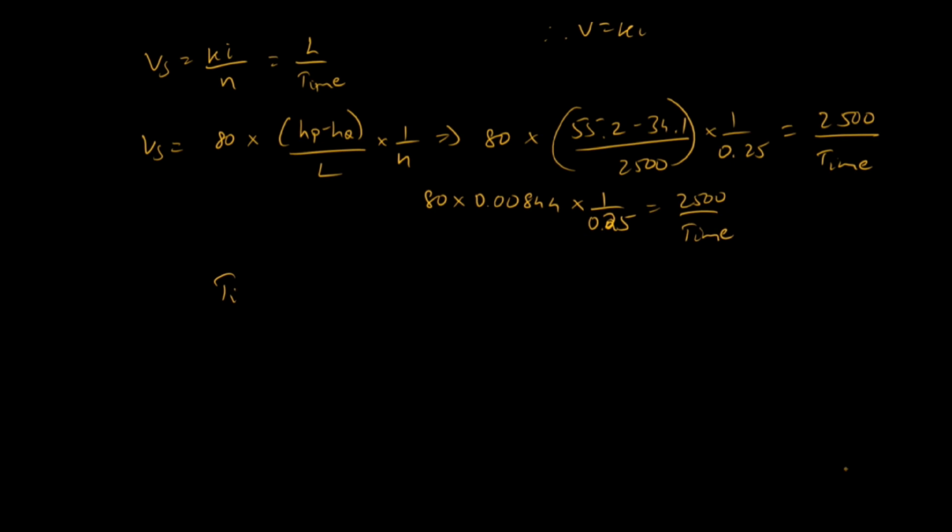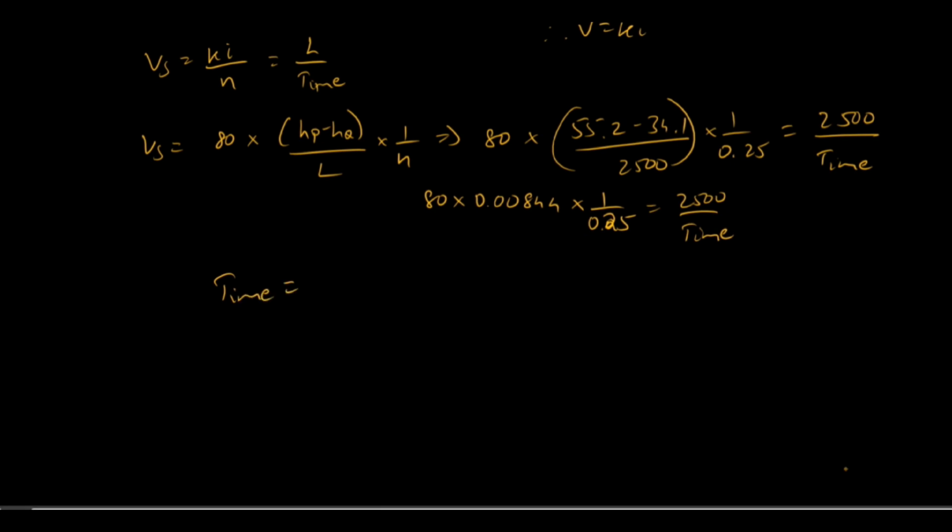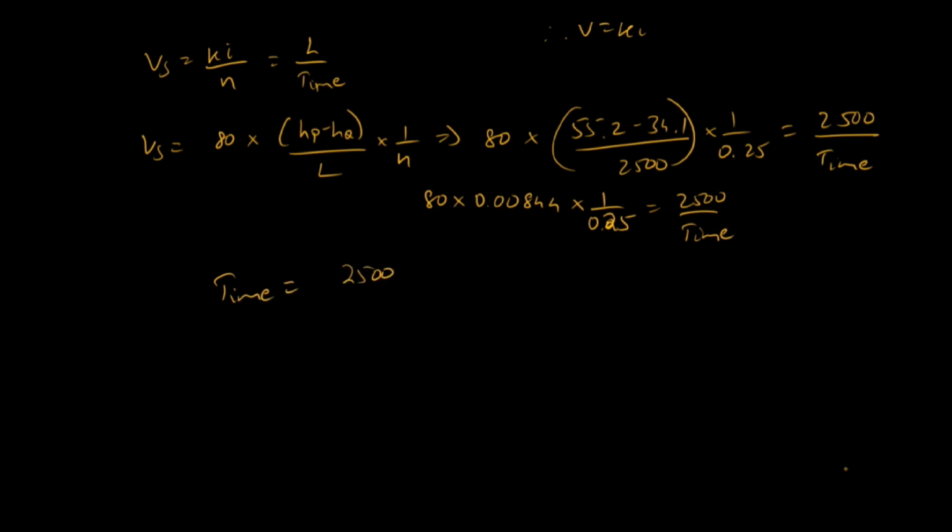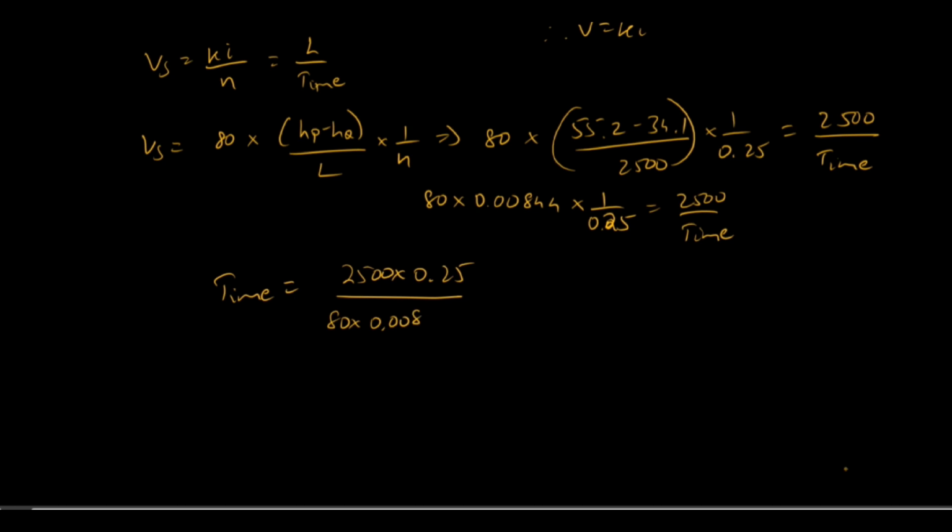Therefore, time will be equal to 2500 into 0.25 divided by 80 into 0.00844.